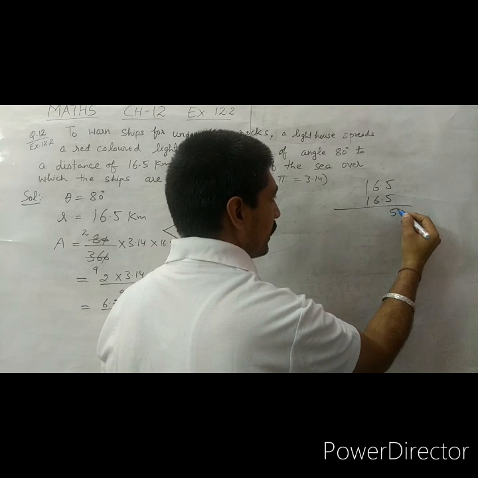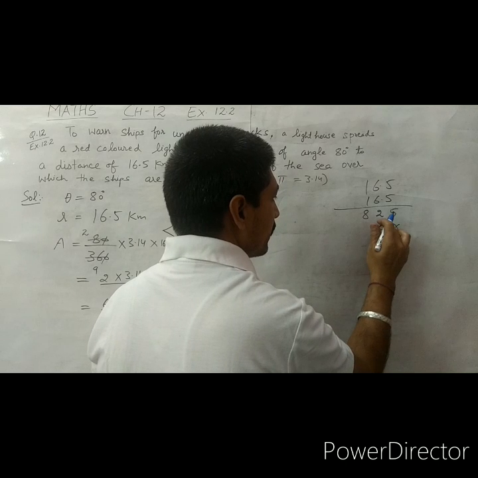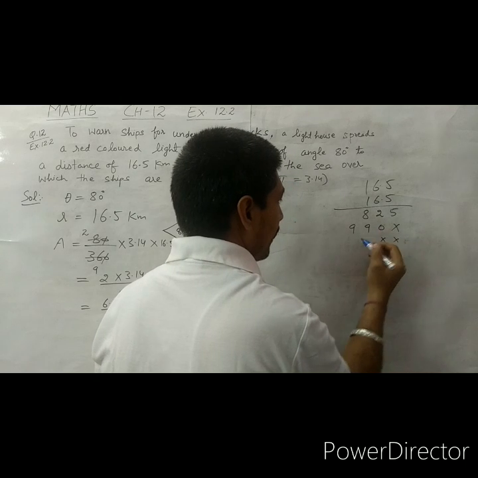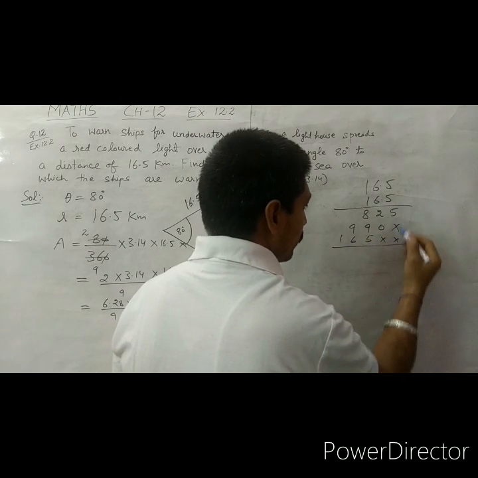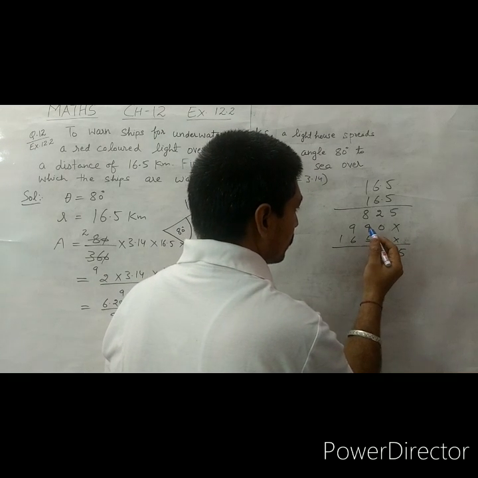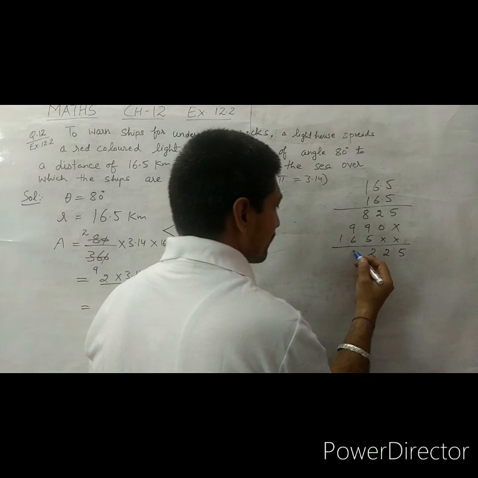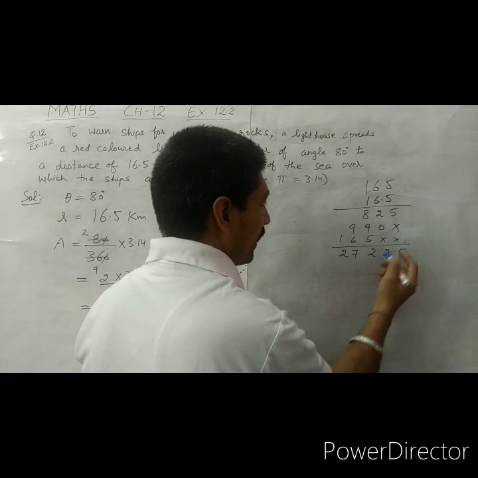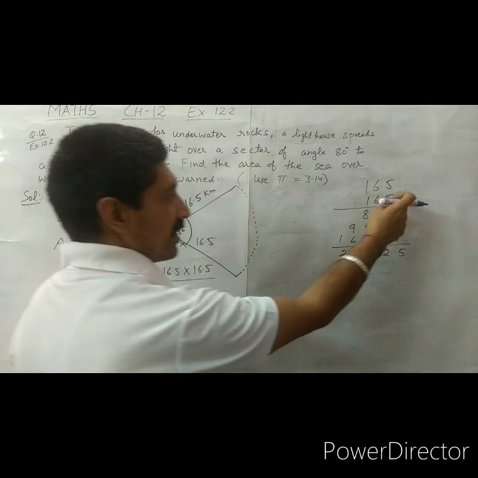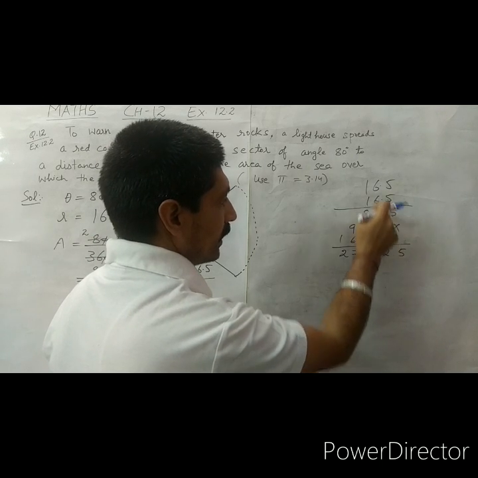So here 5 5s are 25, 30, 32, and 8 25, 30, 36, 39.